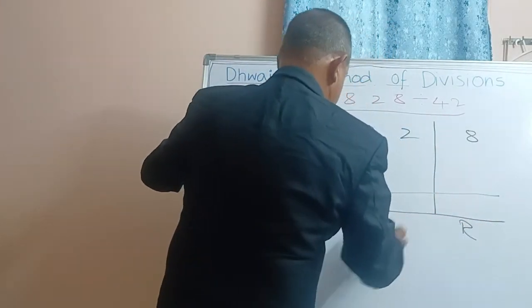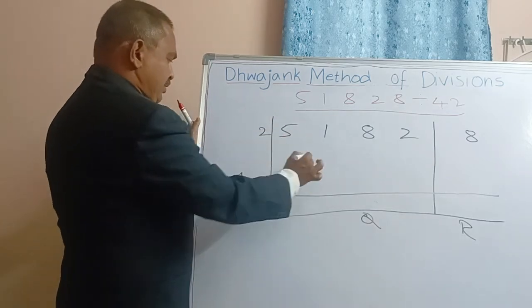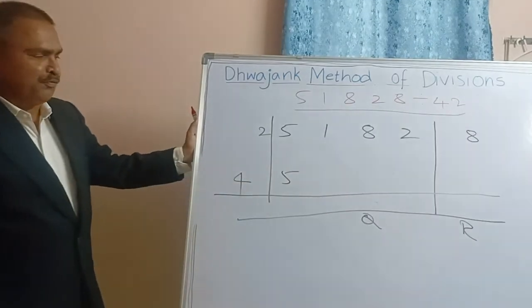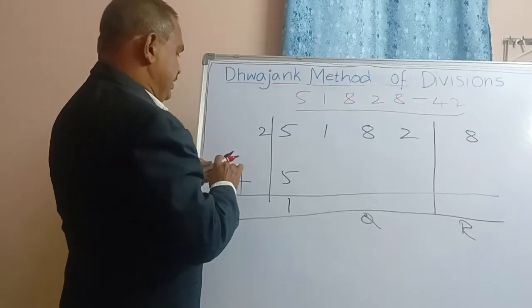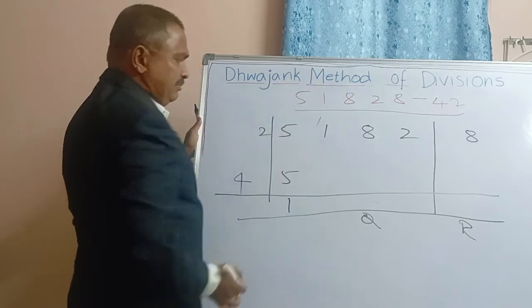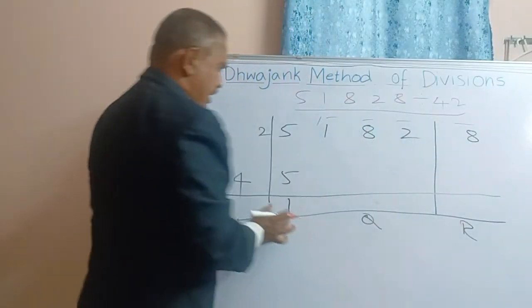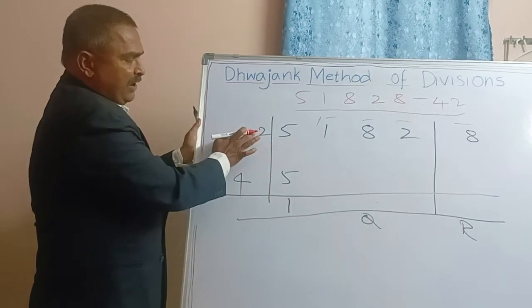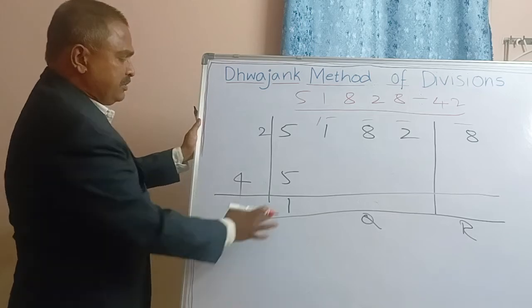Remainder part, this is quotient part. Bring down 5. 5 divided by 4, 1 time. What is the remainder? 1. These are next parts. Now, we got a quotient. We have flag number. Multiply quotient with flag number and subtract from next part.